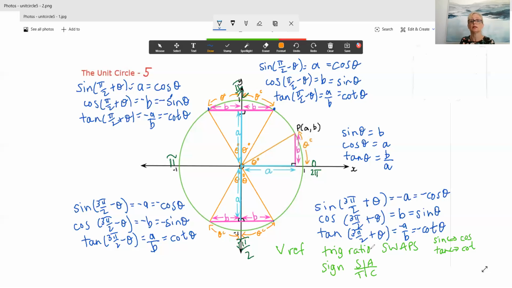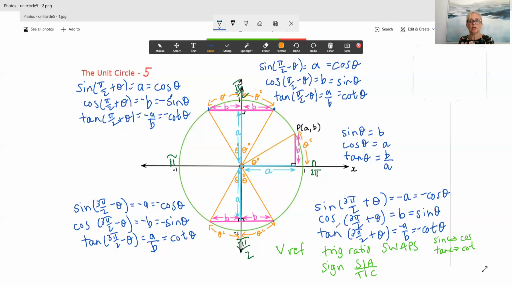We know that in our first quadrant, everything's going to be positive. In our second quadrant, the only thing that's positive is going to be sine, etc. The only thing that's going to be positive here is tan. Well, because cotan is the reciprocal of tan, obviously it has the same sign as tan. And the only thing that's going to be positive here is going to be cos.